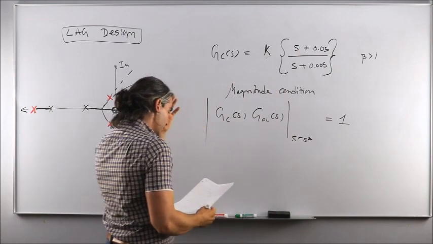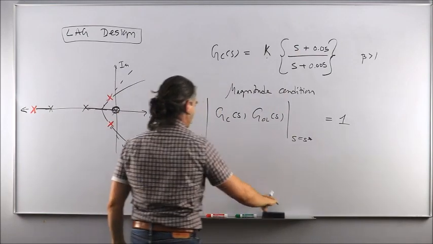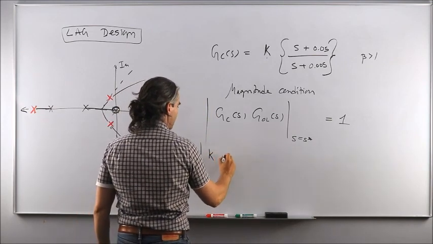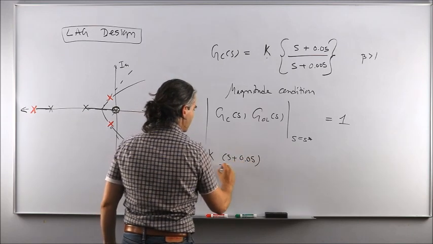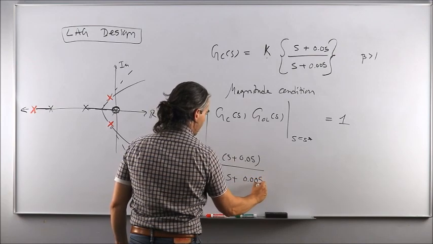This is the magnitude condition that we did. If you do the same thing as before, you're going to say, okay, I've got K times (s plus 0.05) over (s plus 0.005).